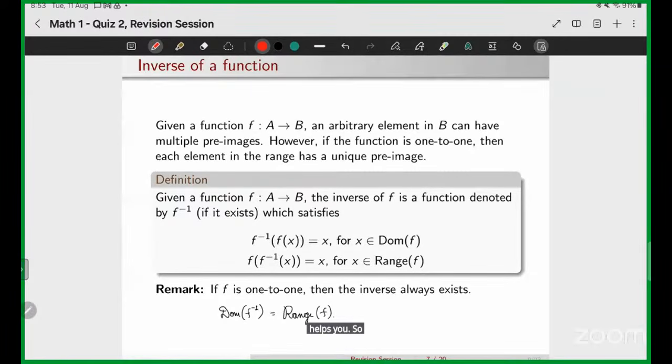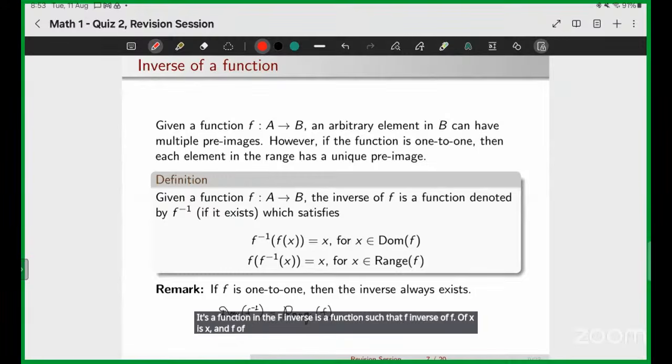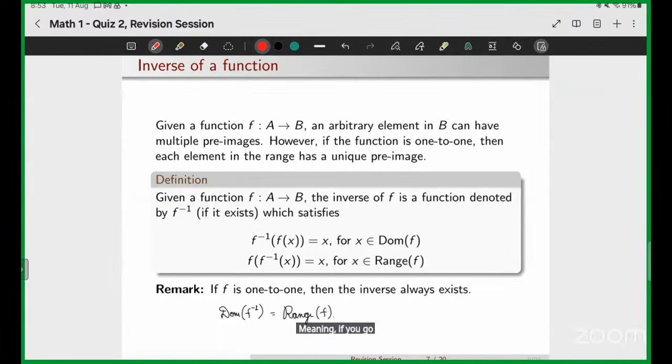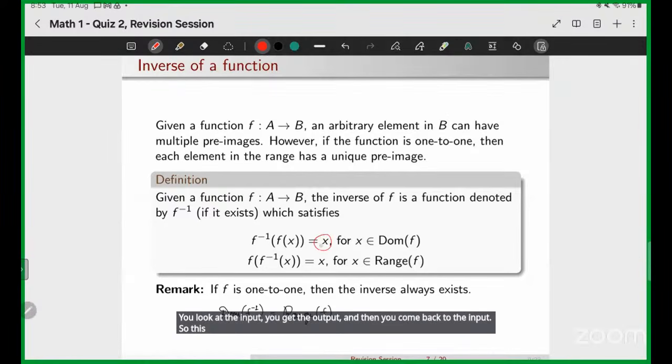The definition itself says, and this is how we have motivated it as well, that f inverse is a function such that f inverse of f of x is x and f of f inverse of x is also x. Meaning if you go forward and then backward, you'll land at the same point. You look at the input, you get the output, and then you come back to the input. So this is the identity map. The composition of f inverse with f as well as f with f inverse, both of them are the identity function.